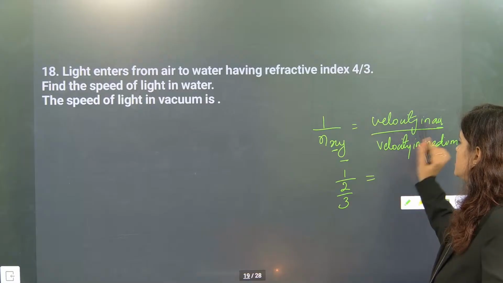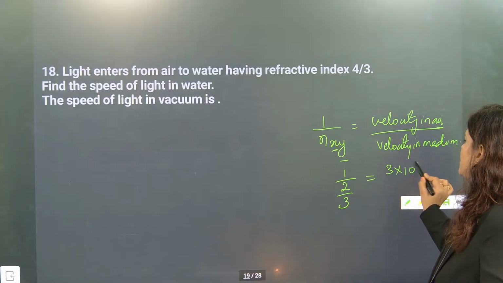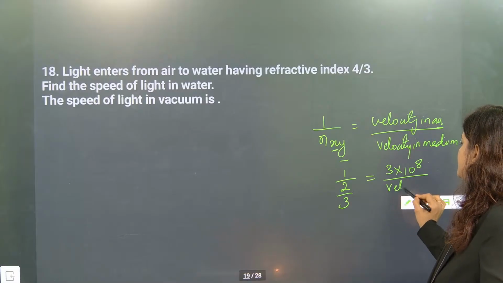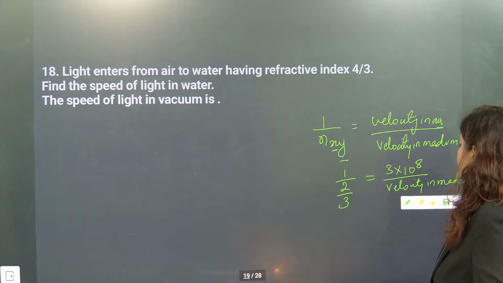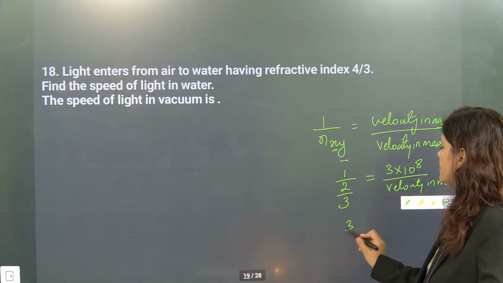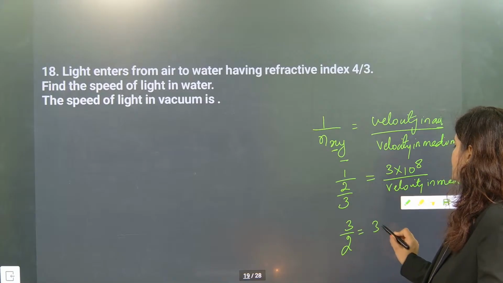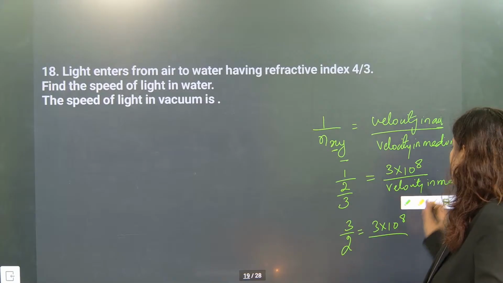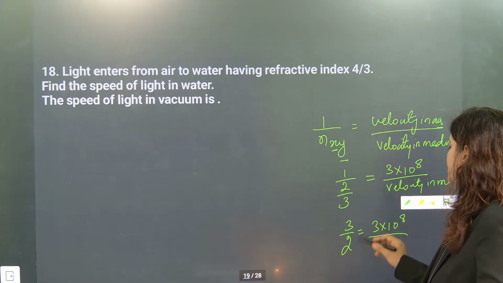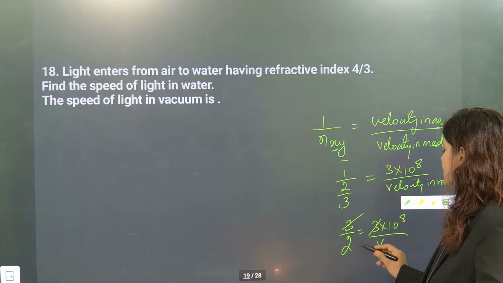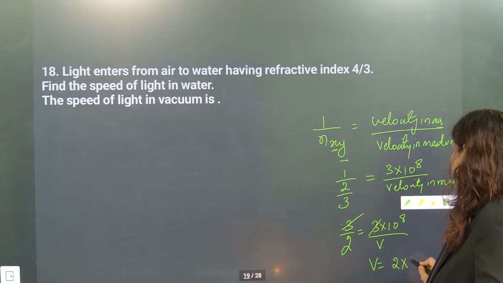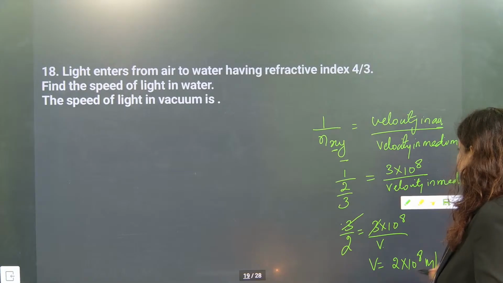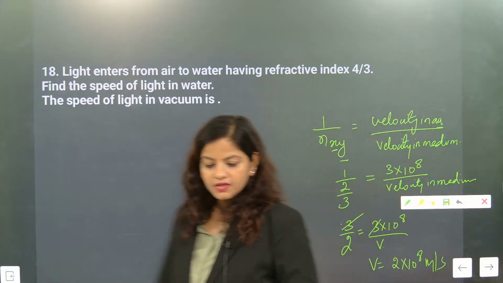Here the velocity of air we know is 3 into 10 to the power 8 by velocity in medium, beta. So that was the formula. So 3 by 2 is equal to 3 into 10 to the power 8 by velocity in another medium. The 3 on the left and right sides cancel, so velocity will multiply with 1. It will become 2 into 10 to the power 8 meter per second. Understood?